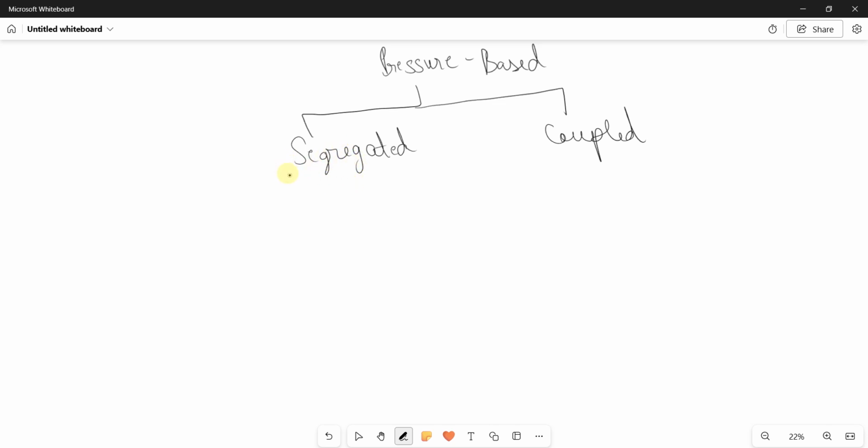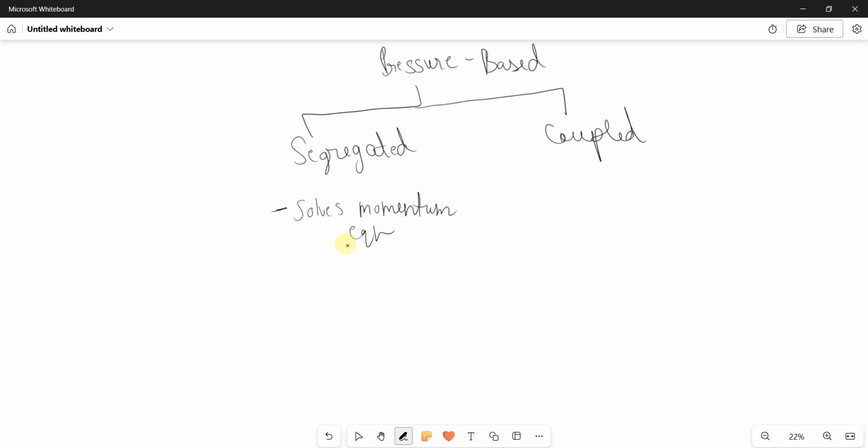So what segregated method does is, I'll go in steps. So first it solves your momentum equations. So let's say number one solves momentum equation, right?